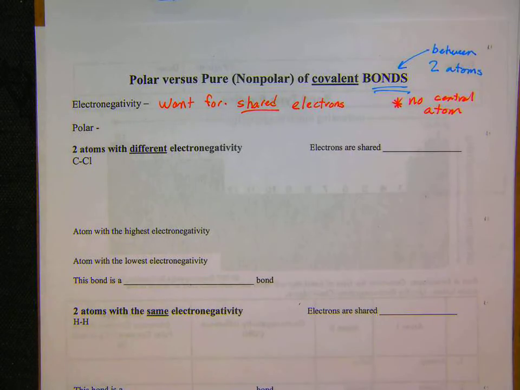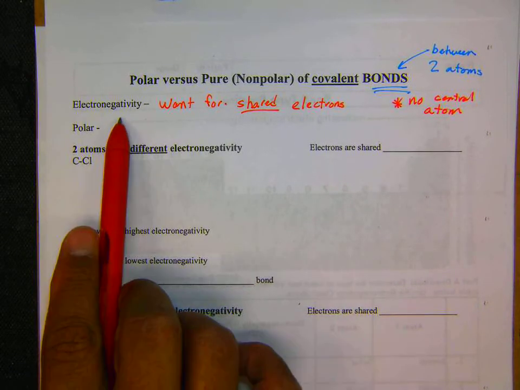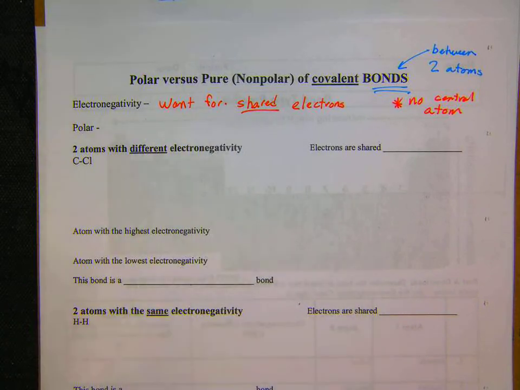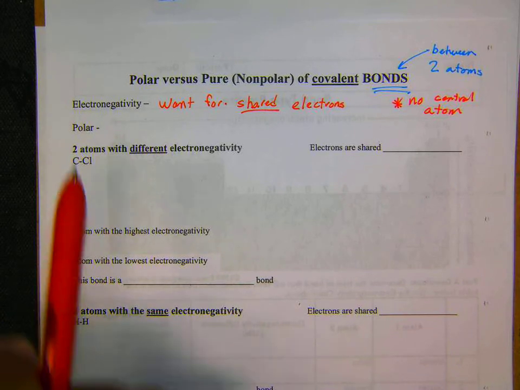So in a covalent bond, they're sharing, and like we talked about yesterday, if you have two siblings and there's an iPad between them, it's supposed to be shared, but it's never really shared equally. Same thing: if I have two atoms with different electronegativities, one of those atoms is going to be pulling on it stronger than the other. Am I right? And so we get something that's polar.